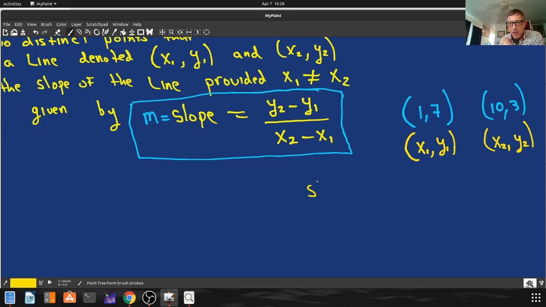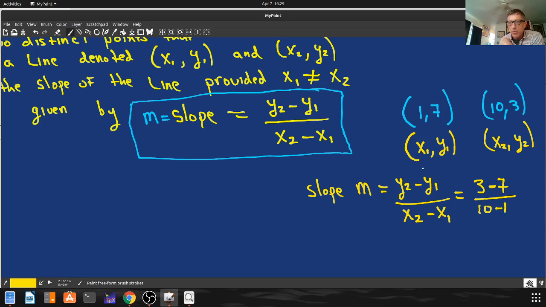So the slope m is equal to y2 minus y1 over x2 minus x1. So that's equal to 3 minus 7 over 10 minus 1.